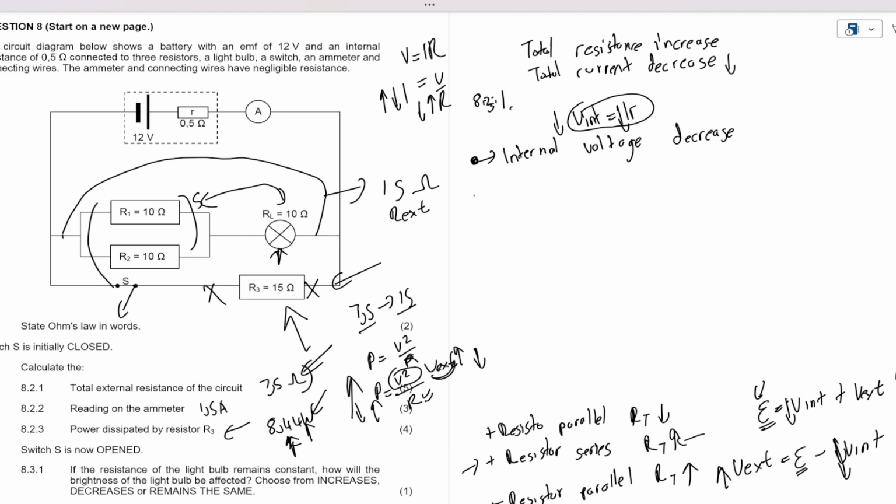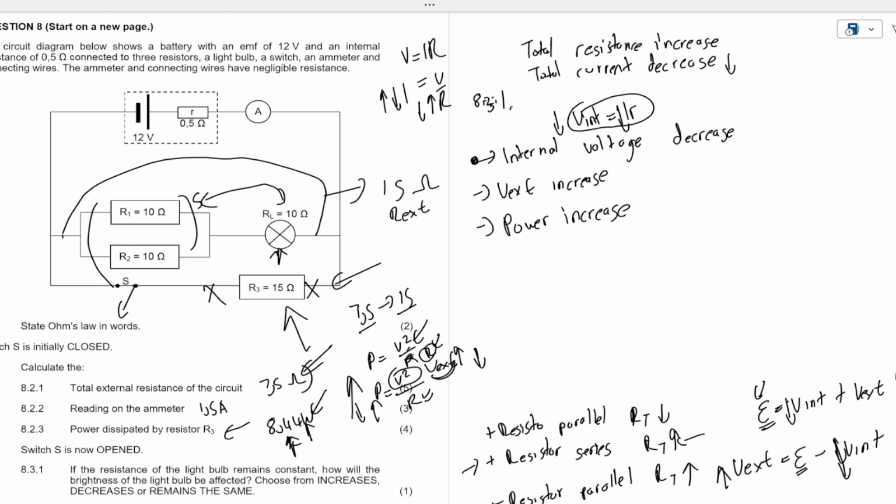So V external is going to increase. And when V external increases, when we calculate the power here, we are going to get more power than the one we got initially, because R is constant. Therefore, power increases. These are the reasons.